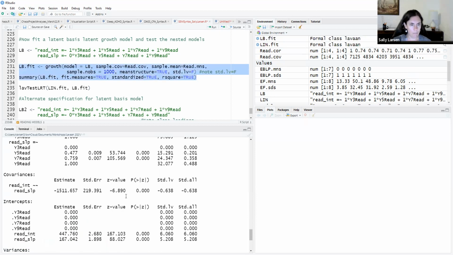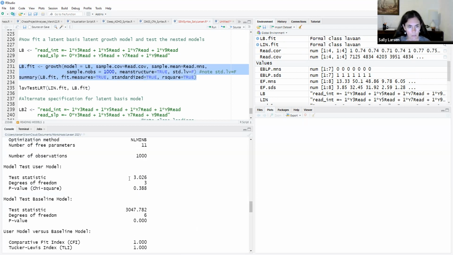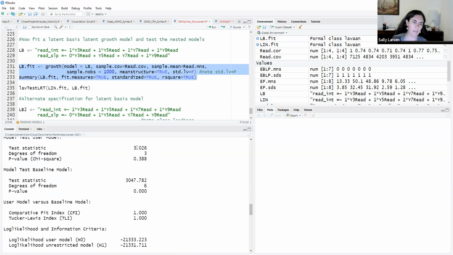Okay, let's run that. Let's just look at model fit statistics first. Look at that, so that's heaps better. And what I can do too, I'm going to be scrolling up and down a bit, remember my comparing this model with that model.